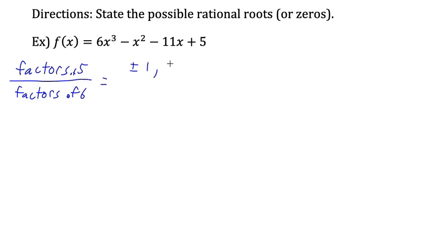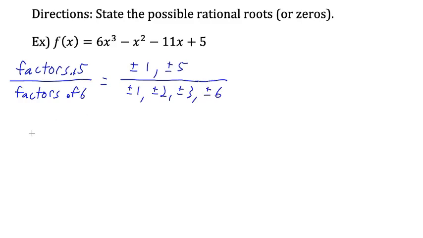And 5's prime, so the only other factor will be positive or negative 5. 6 is not prime. So let's think of all the numbers that divide into 6. Well, that'd be positive or negative 1. 2 divides into 6, so we have positive or negative 2. 3 divides into 6, so positive or negative 3. And then 6 divides into itself, so positive or negative 6.